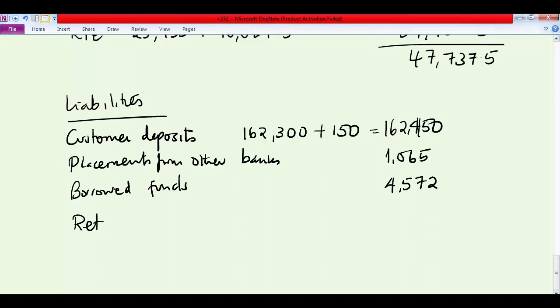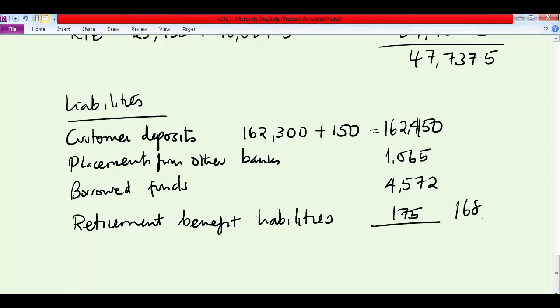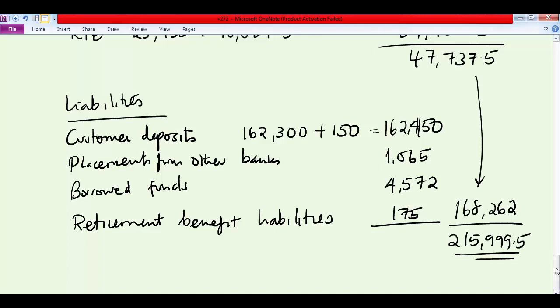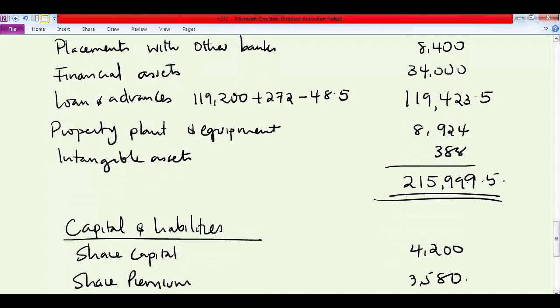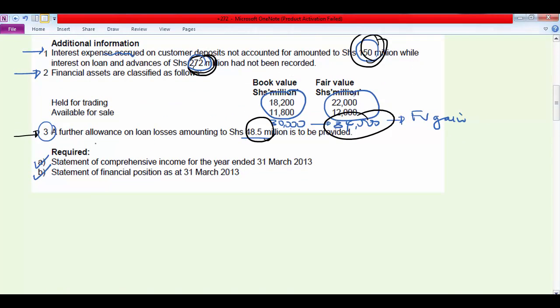And then we have retirement benefit liability, 175. It gives me 168,262, which when I add to this 47,737.5 gives me 215,999.5. And is that number in balance? Yes, it is in balance with my total assets, and that brings me to an end of this simple question.